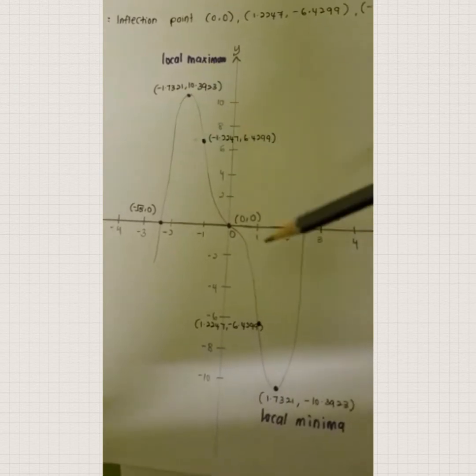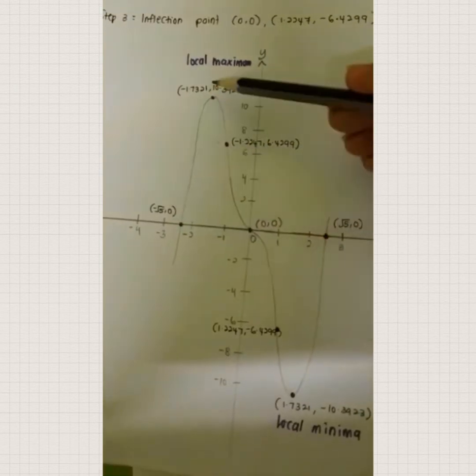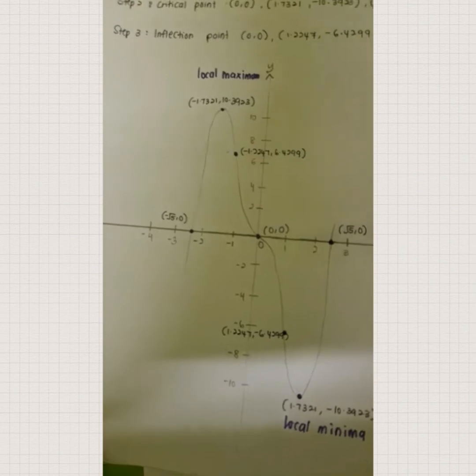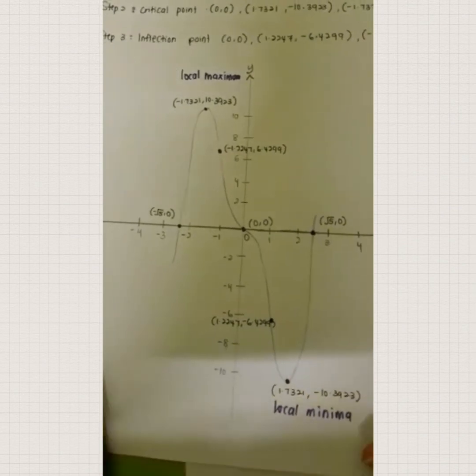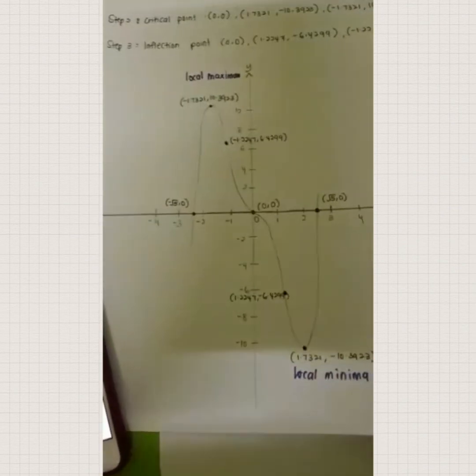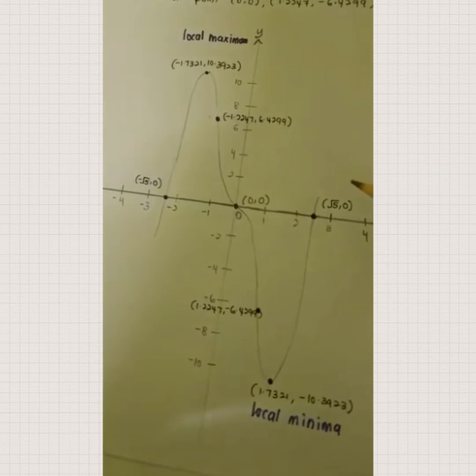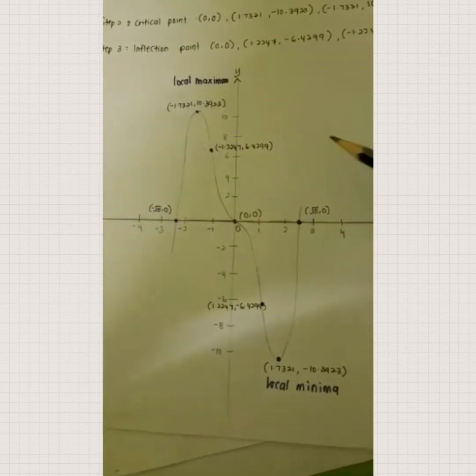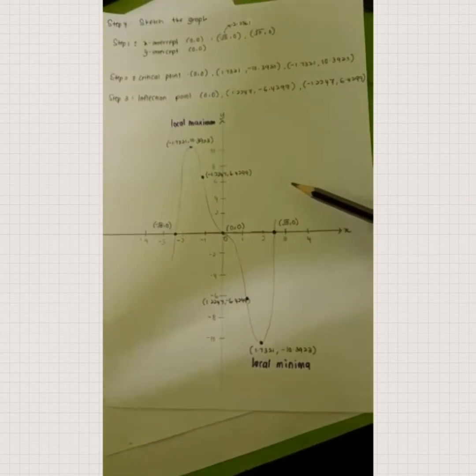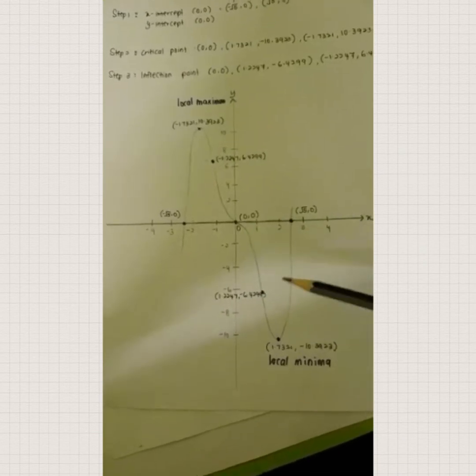Now we have to use the concavity. This part is concave down, and this part is concave up. So we get our graph, and from this graph we can find our local minima and local maxima.